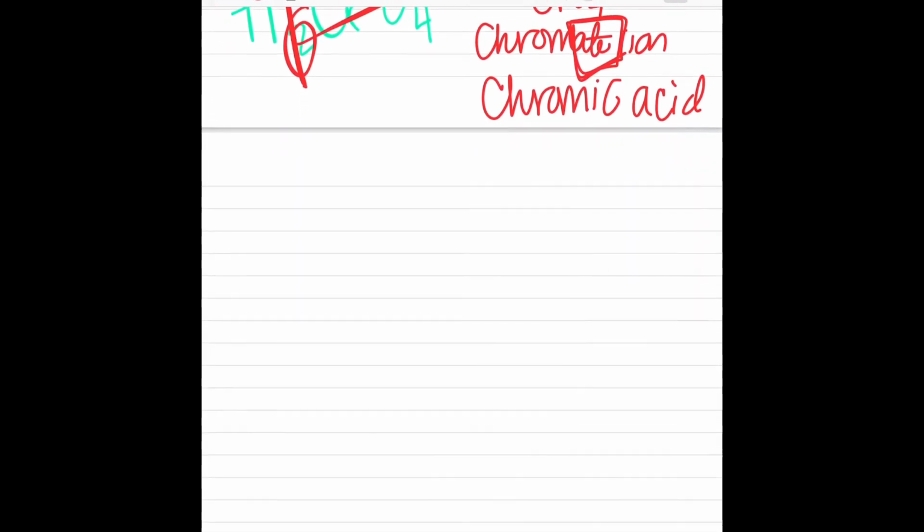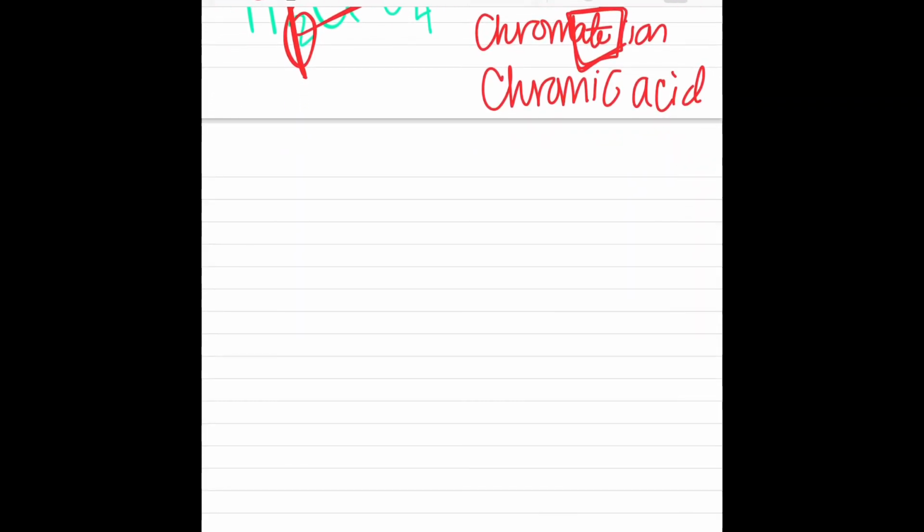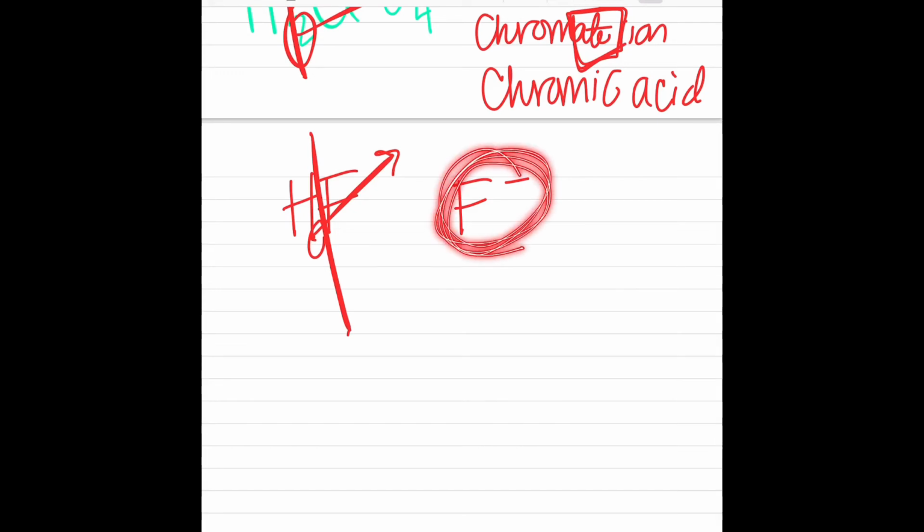Okay, so let's do one more. Actually, let's do 2 more. What if I gave you one that looks like this? Take the H off, put this back up there. That's just F minus. F minus is not going to be found on that list on the back side of your periodic table. This is monatomic. This is one atom. That's on the front side of your periodic table.